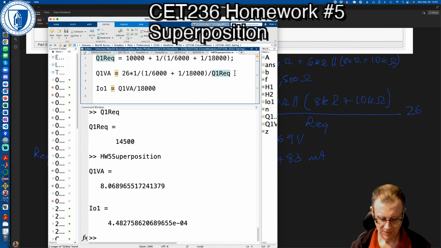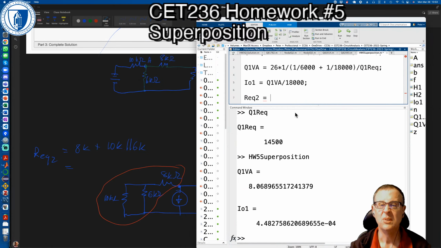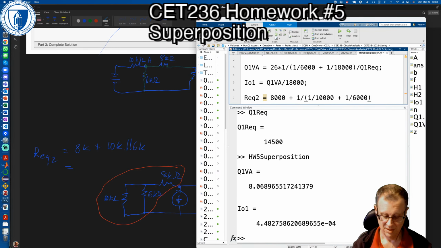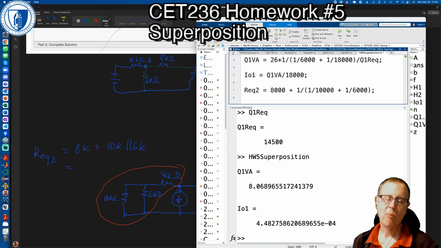Right, so we'll just put semicolons there. So REQ2, what did I say it was? I said it was 8,000 plus 1 on 10,000 plus 1 on 6,000. Right, so there's our REQ2, and then the current.